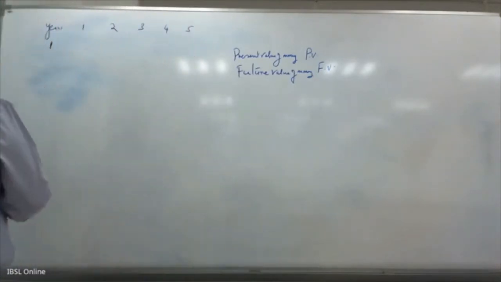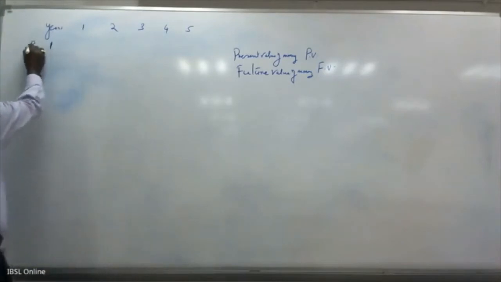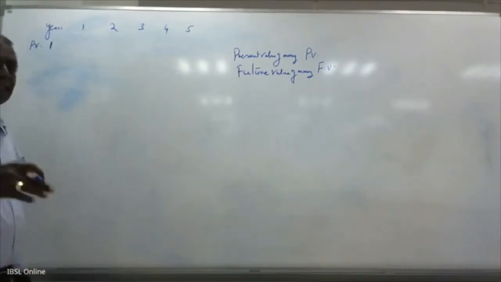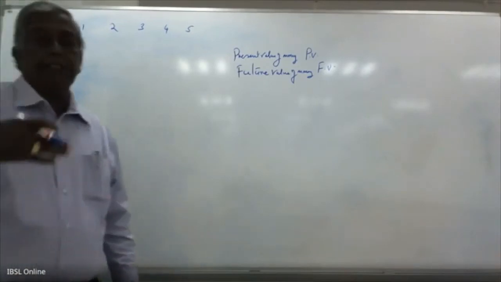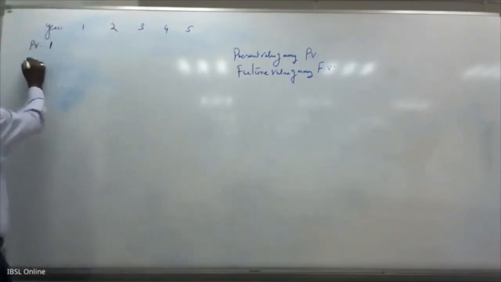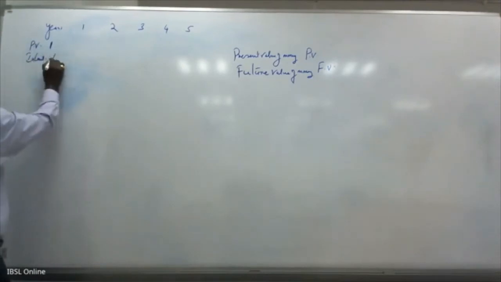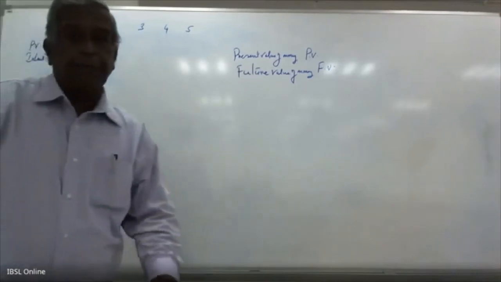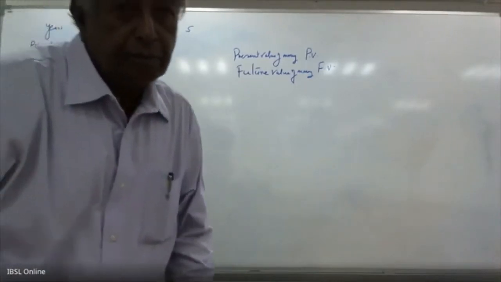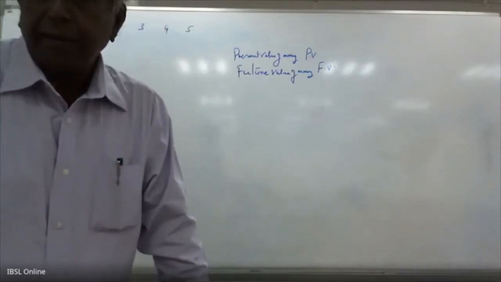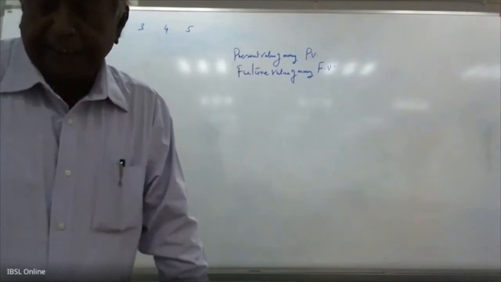So PV, you have 1 rupee today, PV is 1 rupee. You are investing in automatic renewal fixed deposit at an interest rate of 12% per annum. 12% in percentage, it is 12.